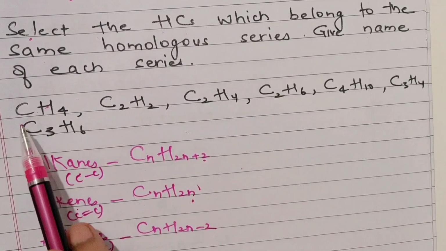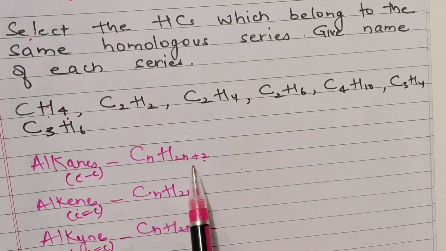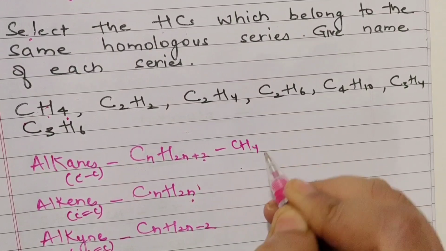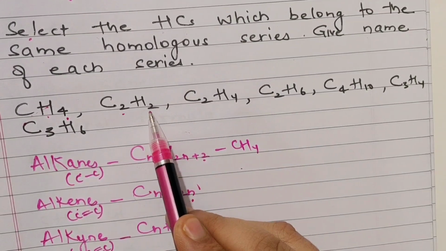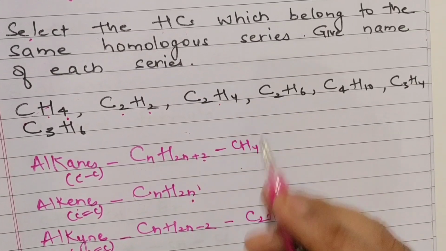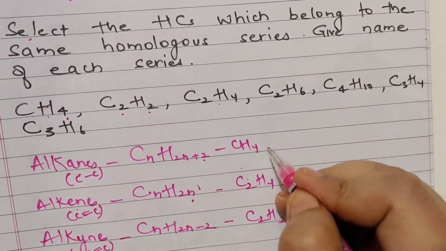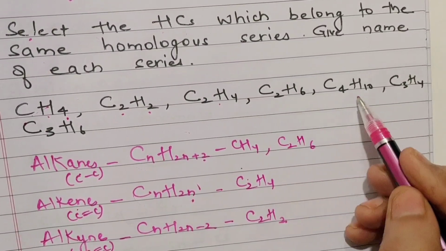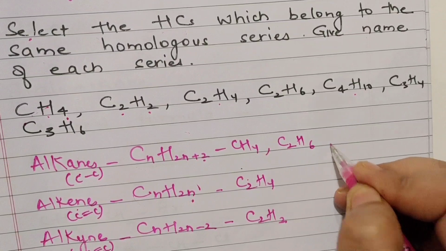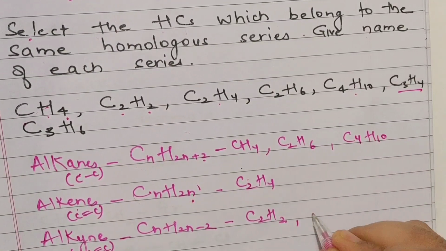So let's see. CH4, if you keep n as 1, you would see that it follows the alkane general formula. C2H2, it follows alkyne. C2H4, this is alkene. C2H6, alkane again. C4H10, alkane again. C3H4, it would be alkyne.